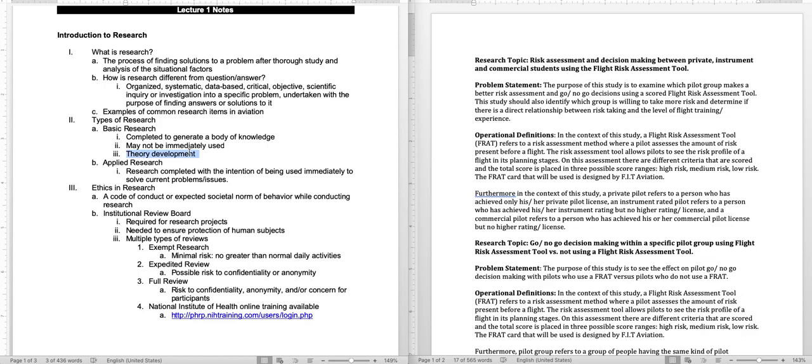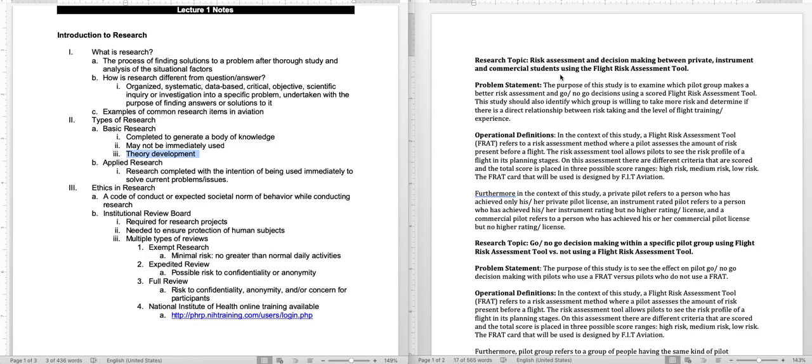Applied research is any research where the intention is to use it immediately to solve a current problem or issue. Some of the research topics that I talked about, like the fatigue one, or even this risk assessment tool, can have an element of applied research, because based off the results we'll determine whether we will use it for solutions or not. But really, applied research applies to mostly things like Apple, so iPhone research.